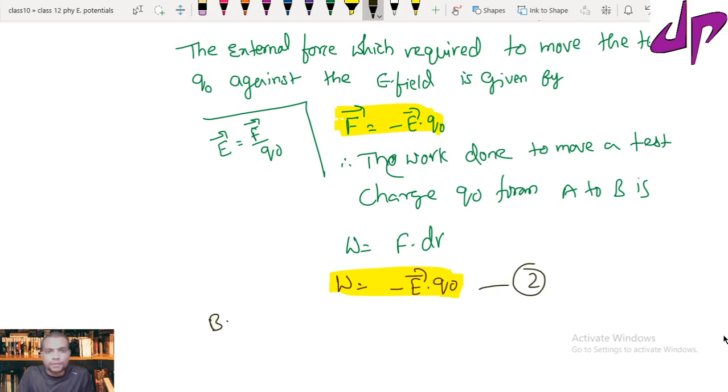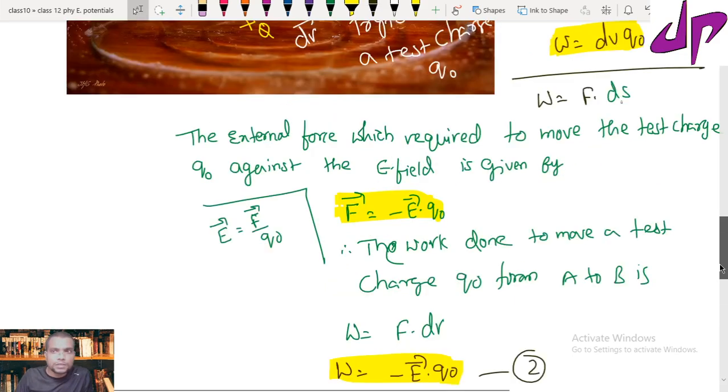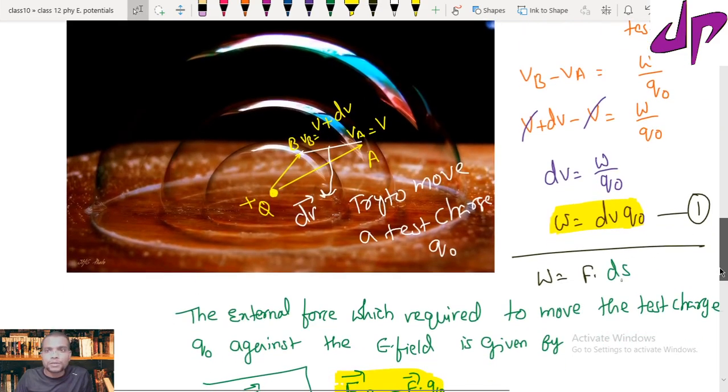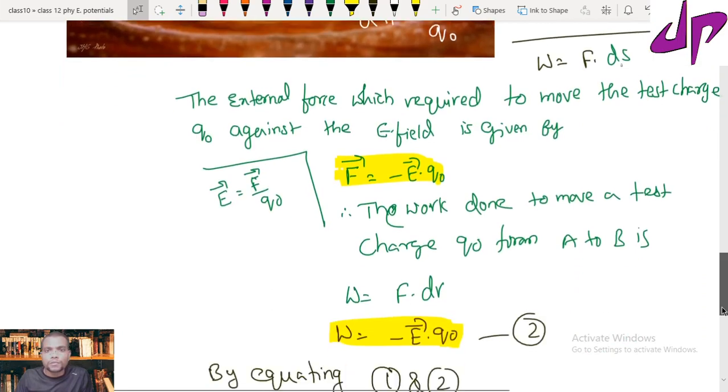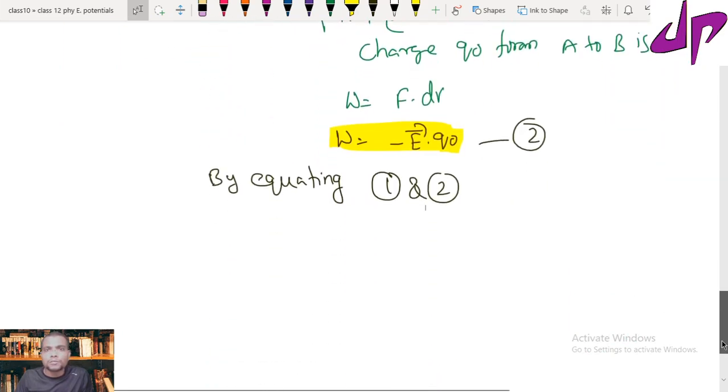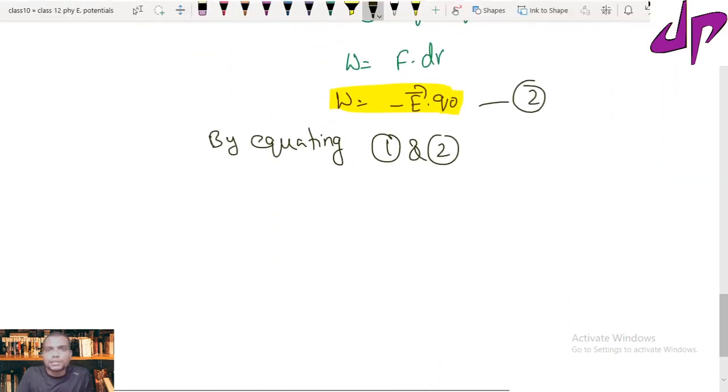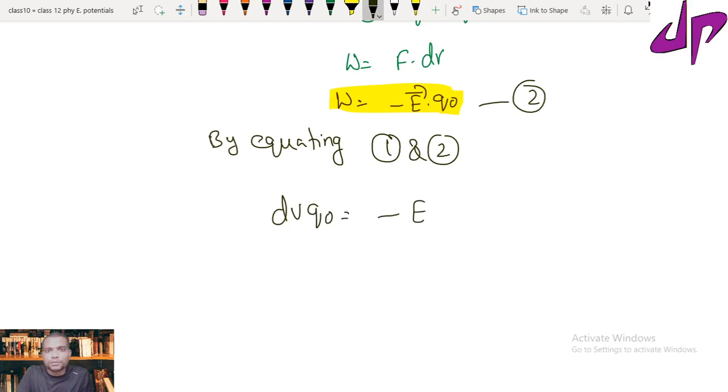Now by equating 1 and 2, from the first you get work equals dV times Q naught, and from the second work equals minus E bar dot Q naught. Therefore dV times Q naught equals negative E bar dot Q naught.